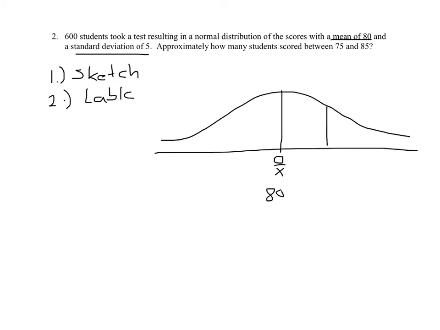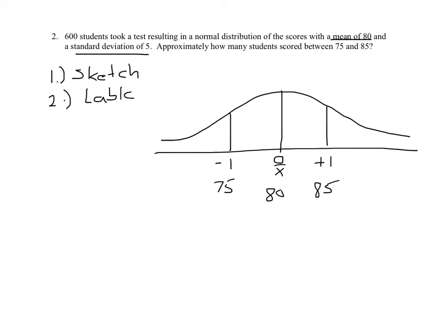Now let's look at one standard deviation above and below. I would add 5 to my mean. So 80 plus 5 would be 85, and 80 minus 5 would give me 75.